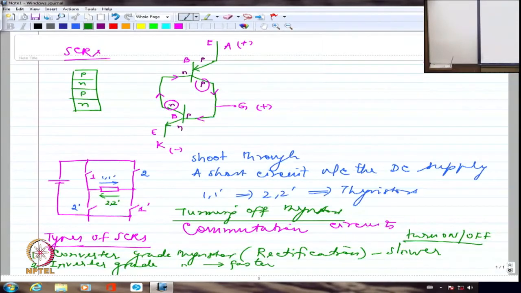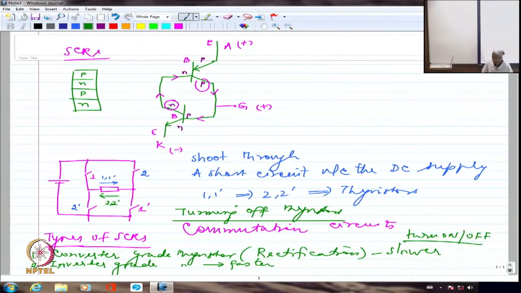And normally we give a gate current in any of these devices to turn on. Sometimes we may use light to activate, so that photoelectric effect kind of thing we will use, and that will emit some electrons, because of which I will have the conduction possible.